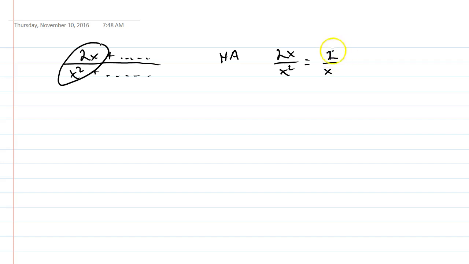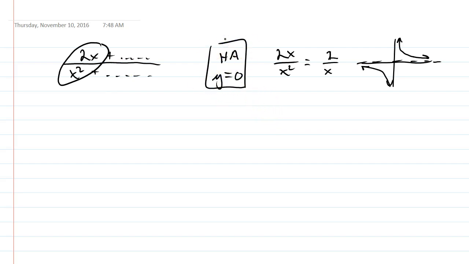And we know what 1 over x looks like. So we go from that and say, all right, I know because the parent function has a horizontal asymptote at y equals 0, this guy will also have y equals 0 being the horizontal asymptote.